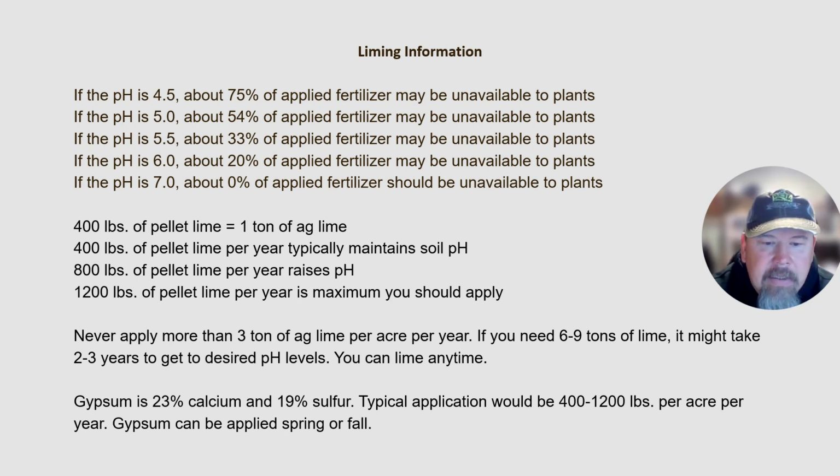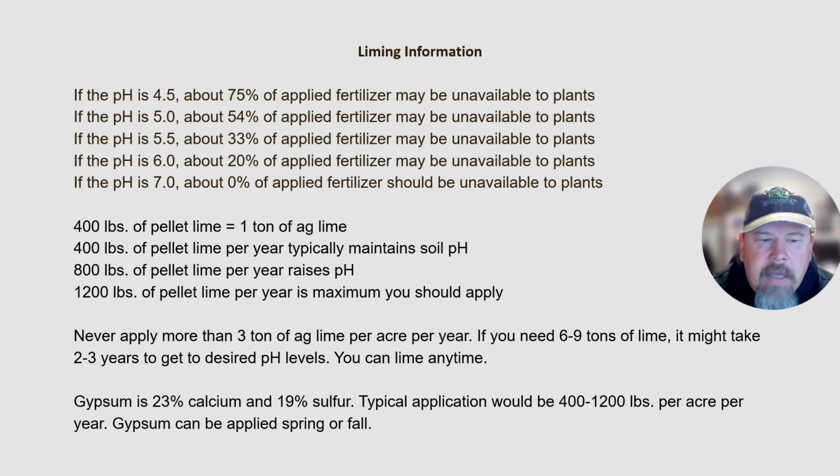On the ag lime side, never apply more than 3 tons. If you need 6 to 9 tons, if you get your soil sample back and they're telling you, hey, you need 6 tons, distribute that over several years in order to get the desired results that you want.